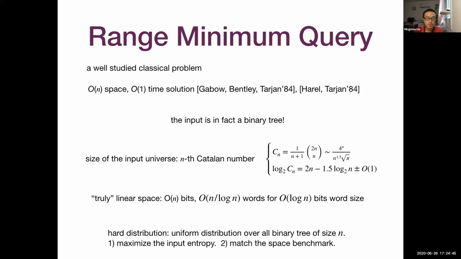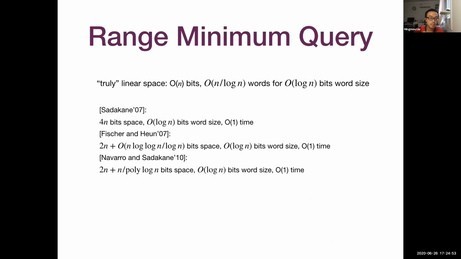Consequently, we choose the uniform distribution over all n-node binary trees as a hard distribution to prove the lower bound. To the best of our knowledge, the best data structure for RMQ uses 2n plus n over polylog n bits and constant query time.